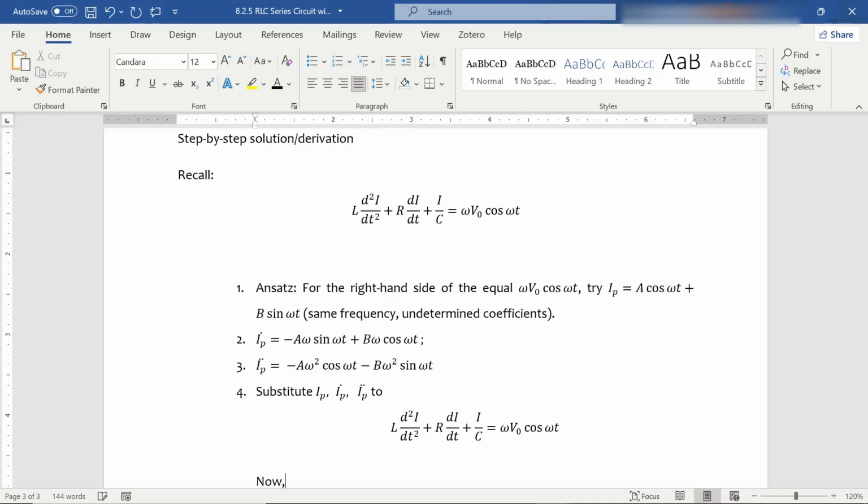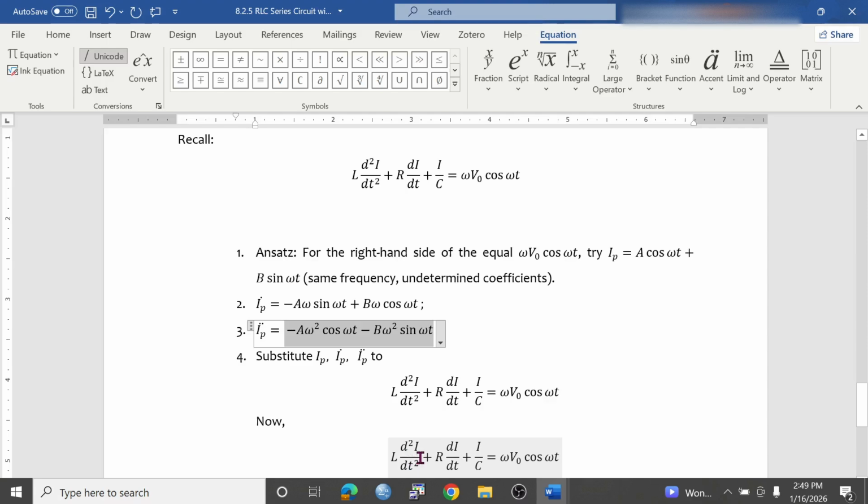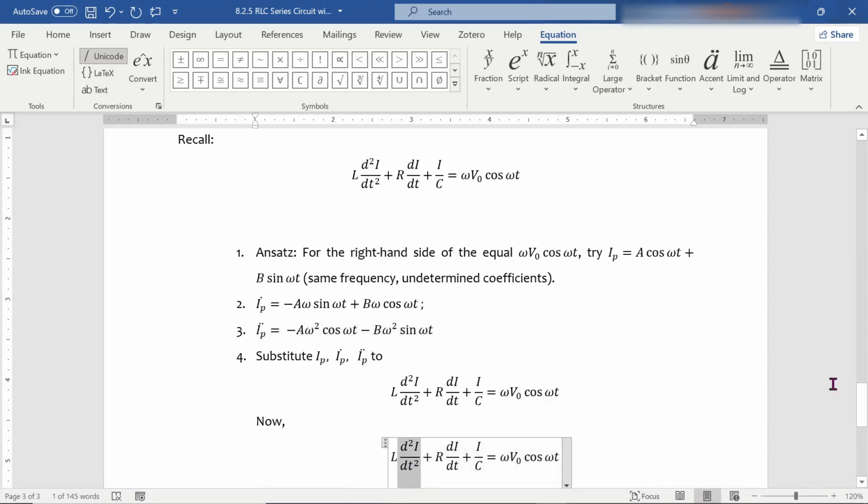Now what will happen to our equation? This will become L times I double dot. What is I double dot? This one. So we have negative a omega squared cosine of omega t minus b omega squared sine of omega t. So we just place it here.